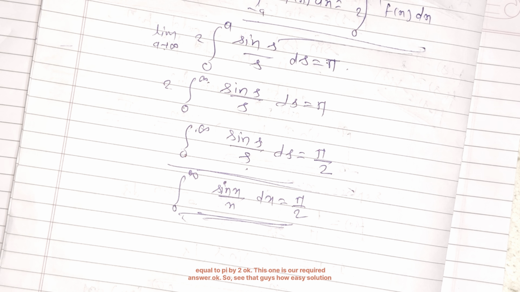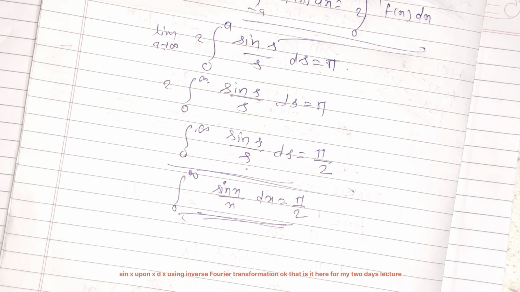This is our required answer. See how easy the solution is. These questions are asked in the SPPU question paper many times. I hope you all have understood how to find the Fourier integral using the formula for Fourier transformation. Thereafter we found the value of the integral from 0 to infinity of sin x upon x dx using inverse Fourier transformation.